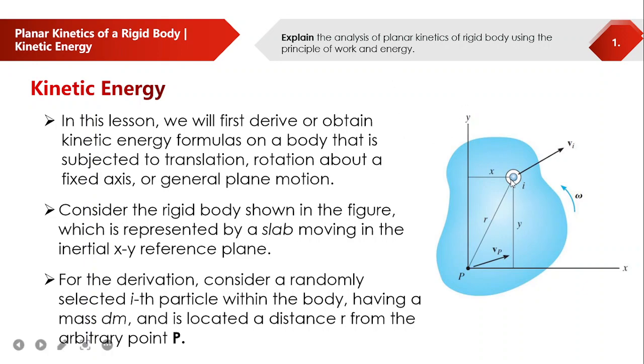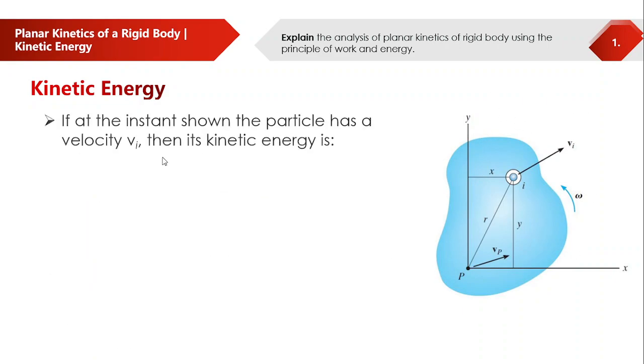And if we find the kinetic energy formula for our particle, then we just have to integrate it to cover the whole rigid body, or our slab. Okay? So if at the instant shown the particle has a velocity v sub i, and its kinetic energy is, as we already know, T for kinetic energy equals one half of the product of the mass times the square of the velocity, right?